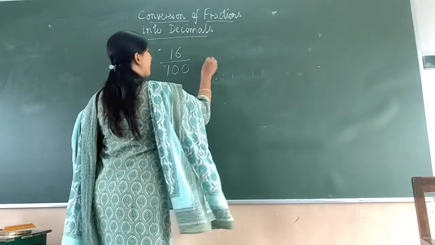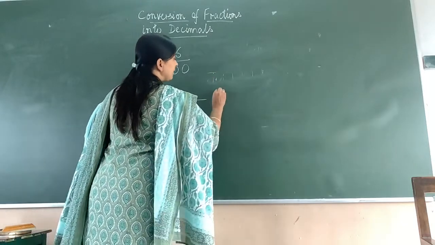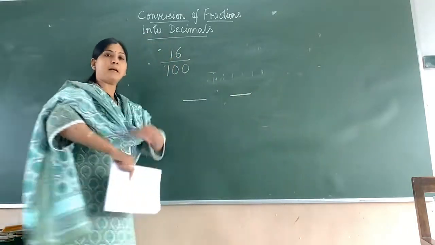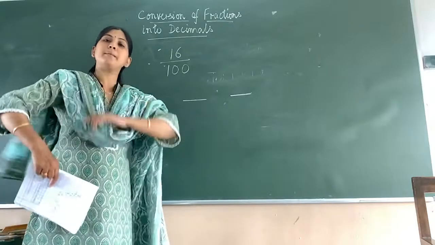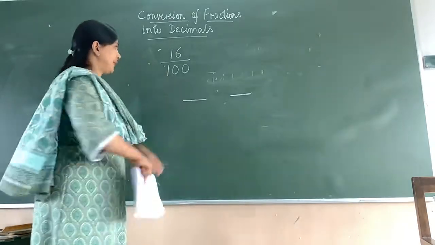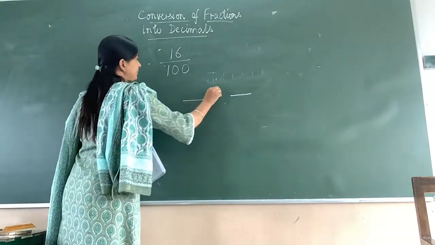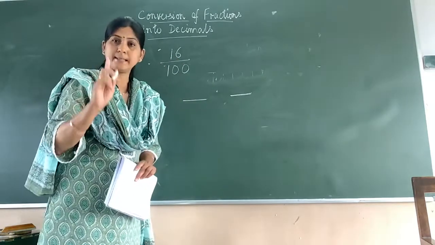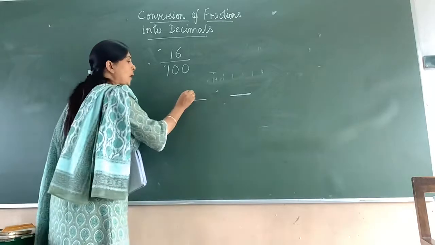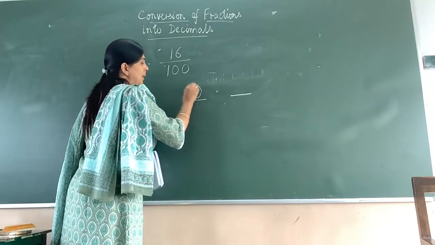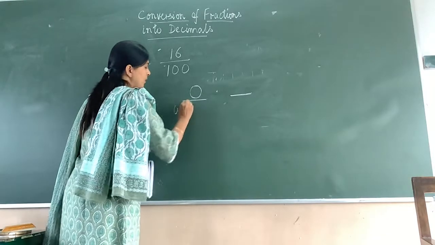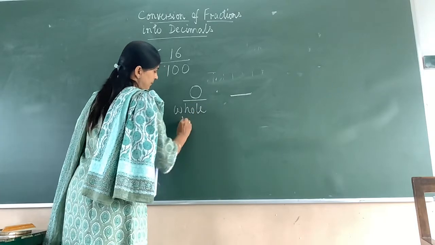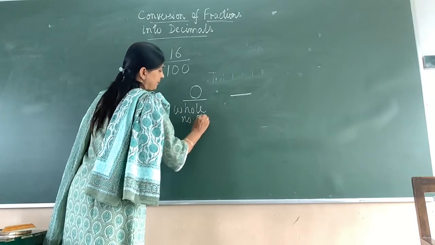So when we write this as a decimal number, how will we do it? Since it is a proper fraction, it is less than 1. So in the whole number part, what will come? 0. This is the whole number part.